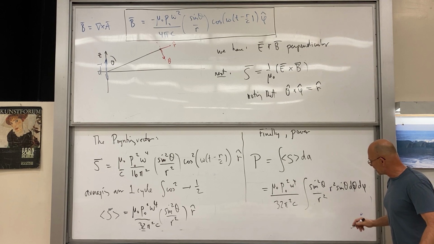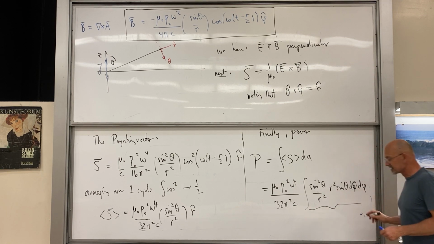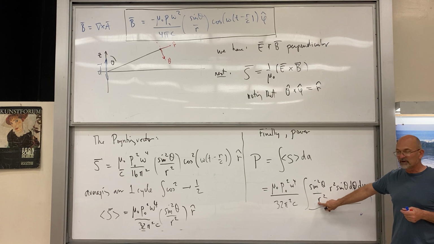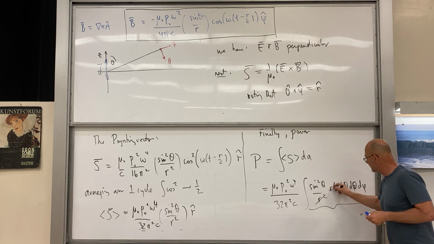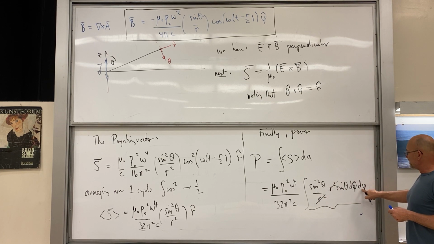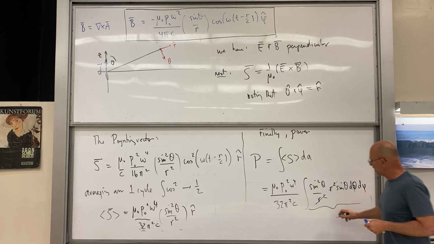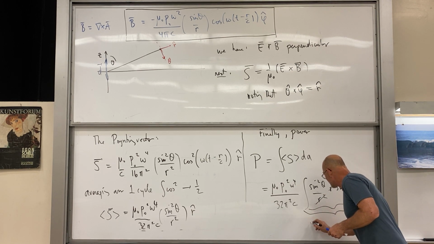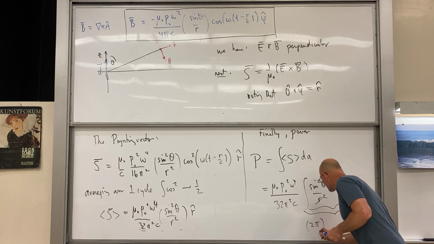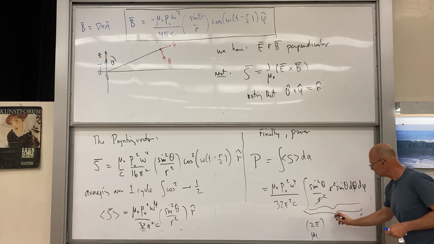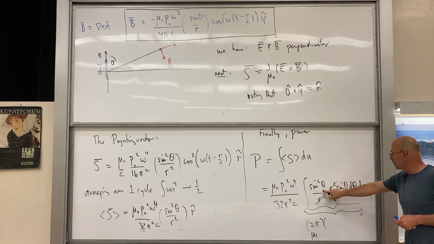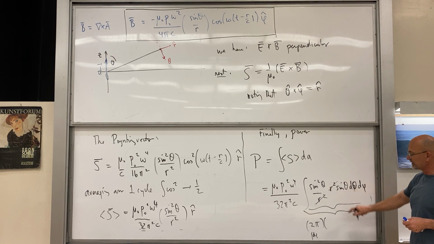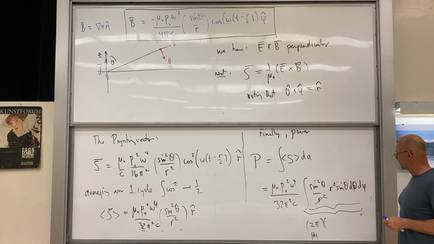So I'm just going to discuss this thing. This is out for arbitrary large r. The r squared's canceled. The d phi gives us 2 pi. So 2 pi from the d phi integral. And then the sine cubed theta from 0 to pi gives us 4/3.